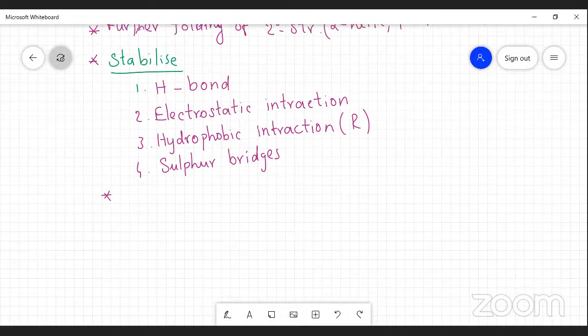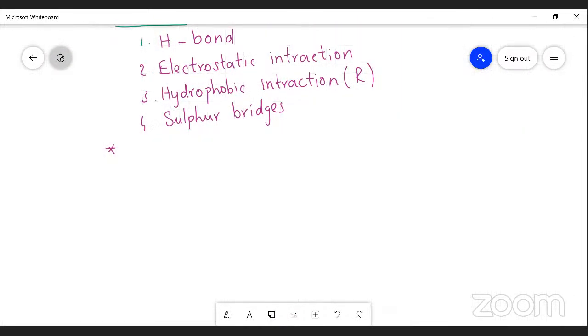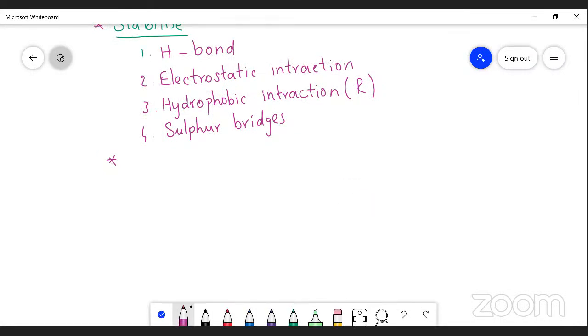It controls the sugar level in blood, and it consists of sulfur bridges.